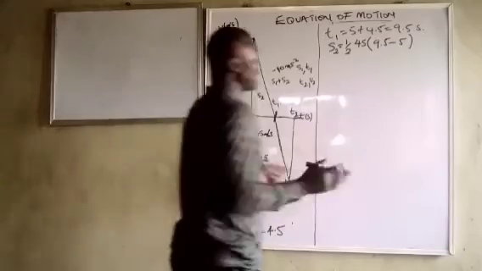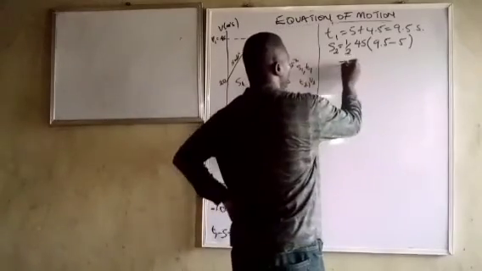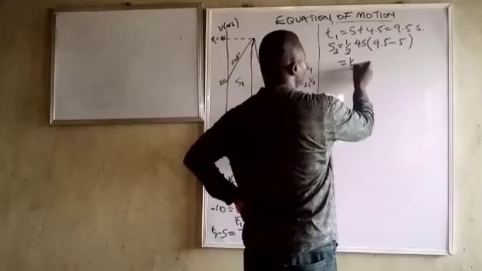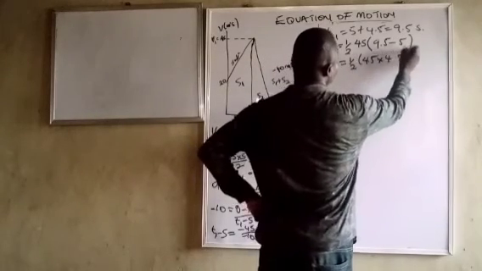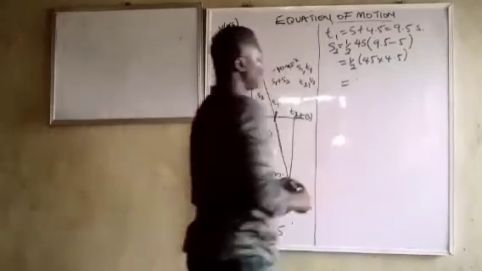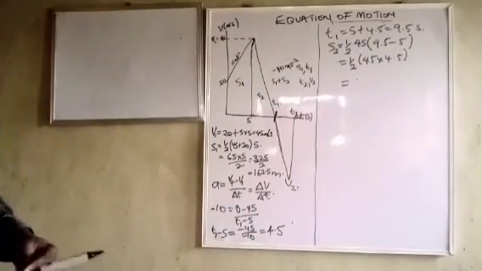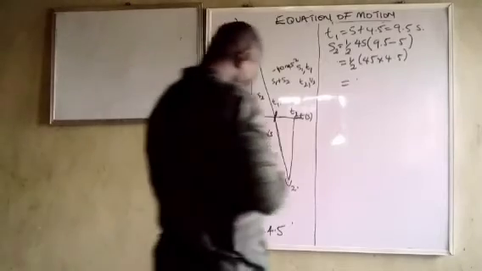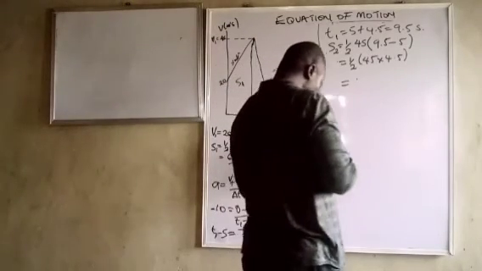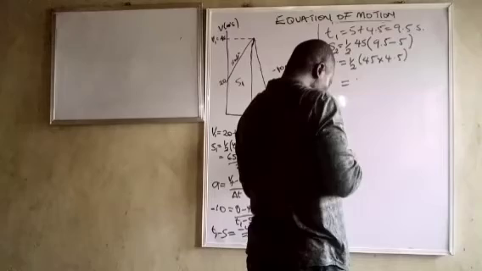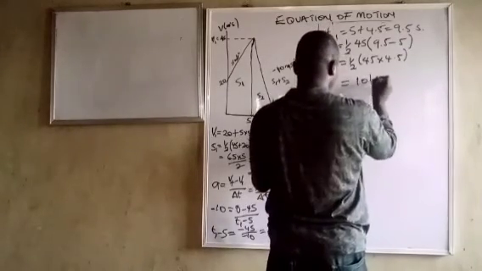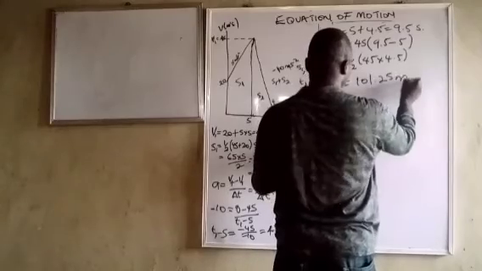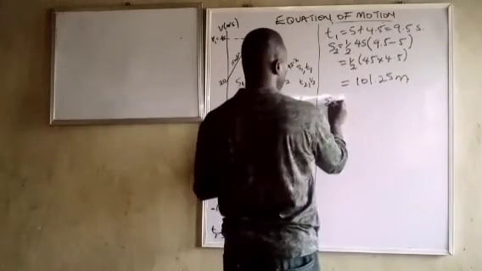So we could have gotten that straight. So we have half into 45 times 4.5. And what is S2? 45 times 4.5 divided by 2. So S2 is 101.25 meters.